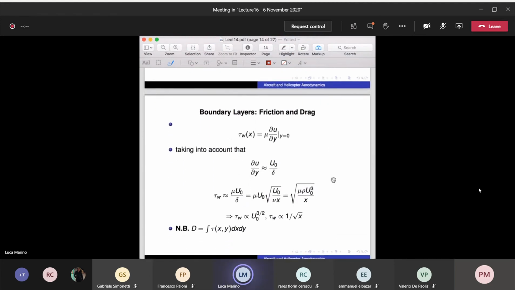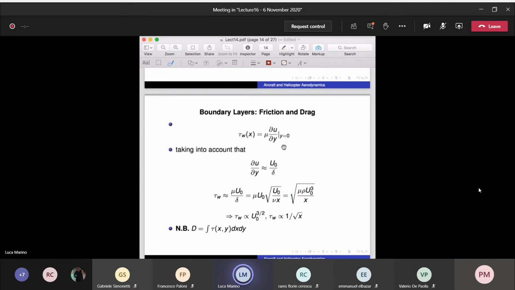An additional concept is, up to now we didn't spend time describing how to solve the equations, but imagine that you solved the boundary layer. You can evaluate what? You can evaluate the shear stress at the wall, which is usually named the friction, okay?